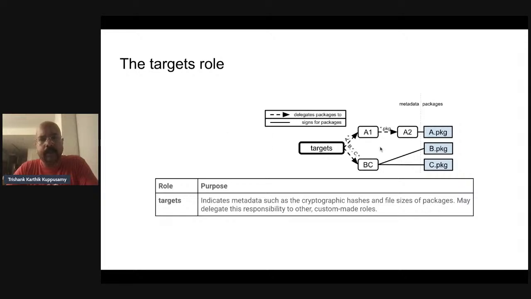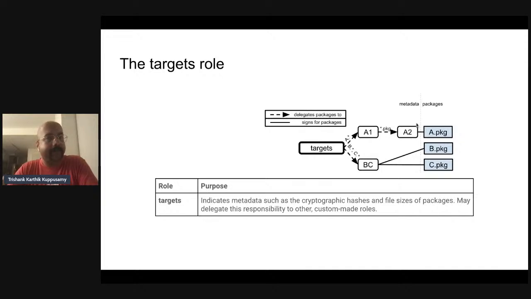So the targets role basically gives you the information about the packages you're looking for. And it's got a cool little feature we'll use a lot for this PEP. It's got a feature called delegations. Targets can say, hey, you're looking for A star packages? Go ask A1. I don't know anything about it. A1 says, oh, yeah, I'm the guy for A star. You're looking for A dot packages?